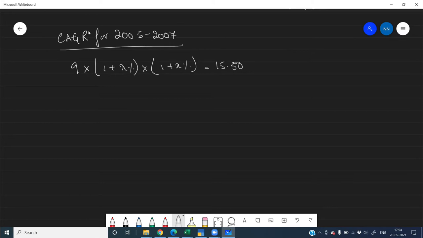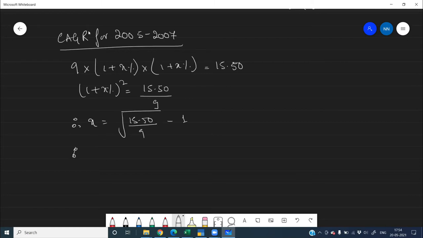That has been given to me in the question. So I can write this as (1 plus X percentage) whole square equals 15.50 divided by 9. Therefore, my X will equal the square root of 15.50 by 9, minus 1.